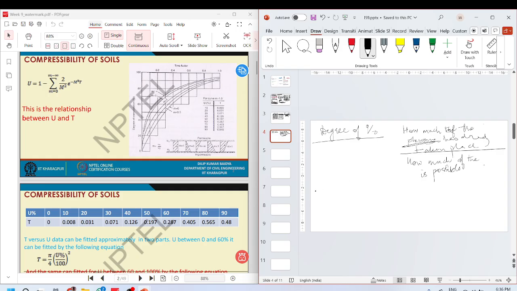For example, sometimes we talk about effective volumetric water content.